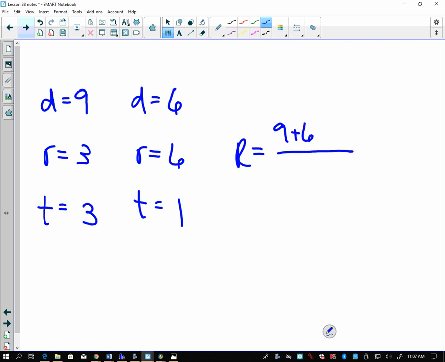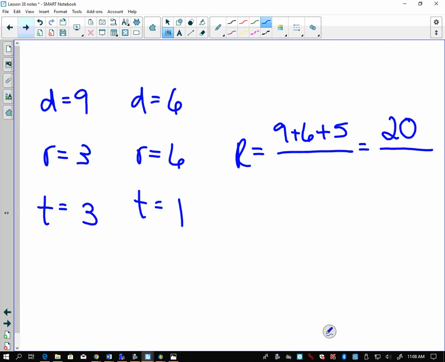And they say over the next 5 miles. So 9 plus 6 plus 5, what is that? 9 plus 6 is 15, plus 5 is 20. So overall, 20, right?